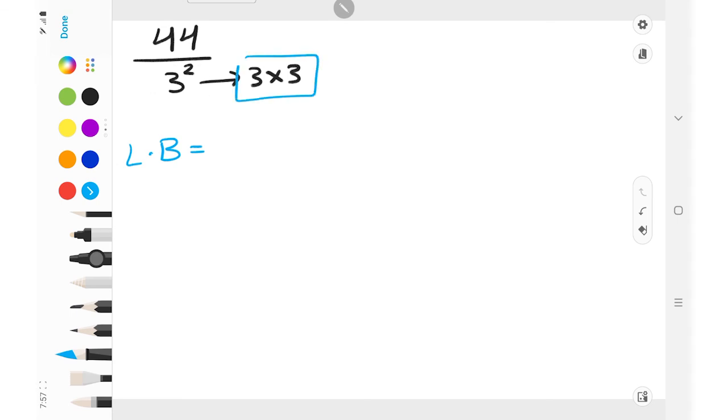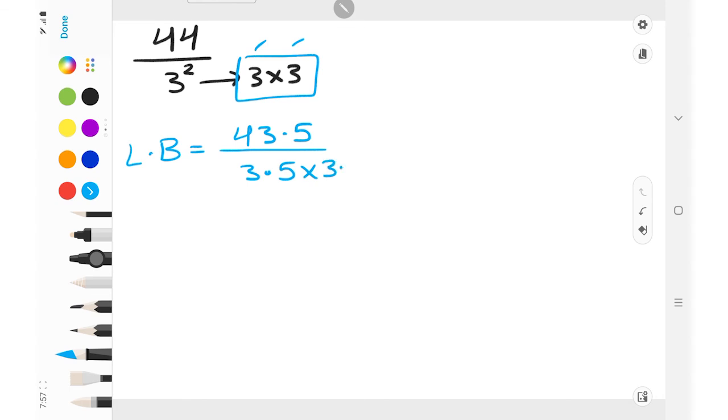Since it is multiplication, it's upper and upper, or you can take the upper squared. It doesn't matter, you will get the same answer. The lower bound of the 44 is 43.5, and the upper bound of the 3 is 3.5.